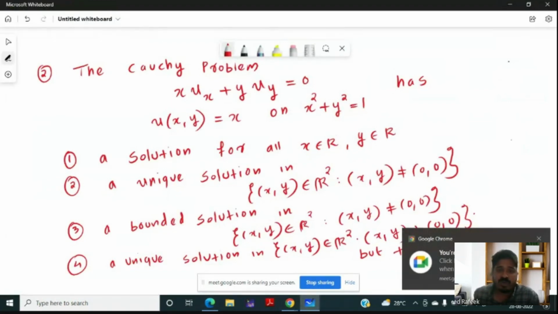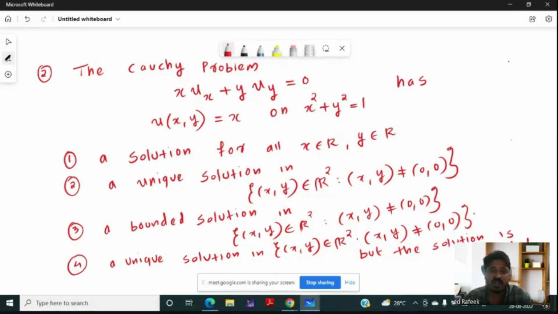The Cauchy problem x ux plus y uy is equal to 0, u of x comma y is equal to x on x square plus y square is equal to 1, has a solution for all (x, y) belongs to R. A unique solution in the set of ordered pairs (x, y) belongs to R square such that (x, y) is not equal to (0, 0).